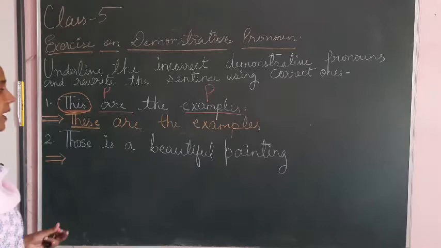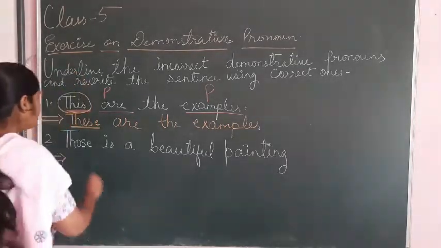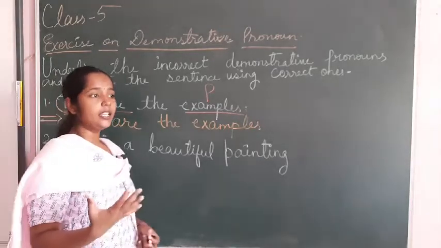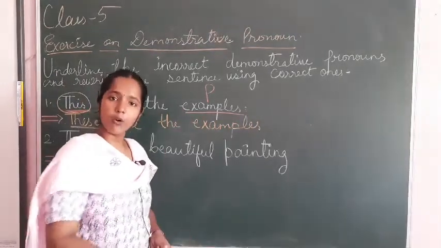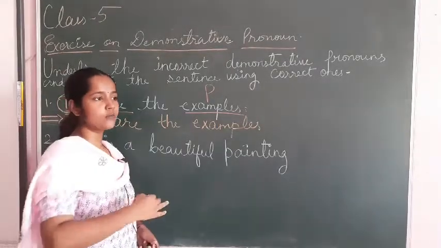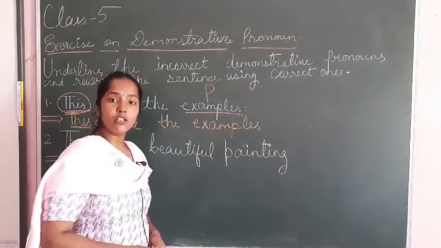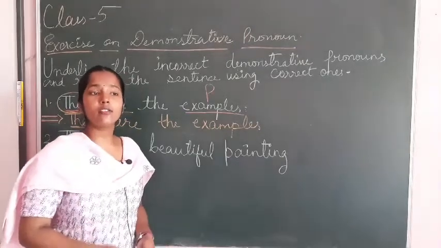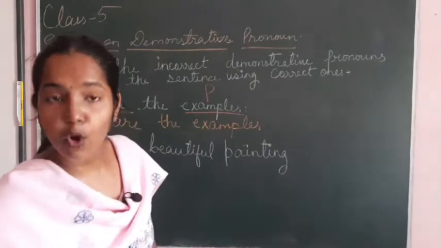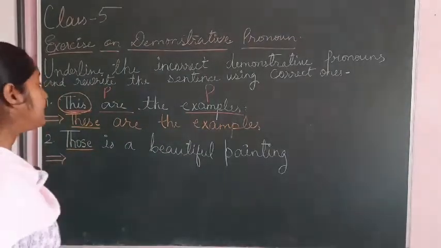Those is a beautiful painting. Now we use those to make others see that the object is farther away. If I am taking this chalk, and if the chalk is farther away and we are not able to see it, then I will use those. But here, when we want to see this painting, I will use that.